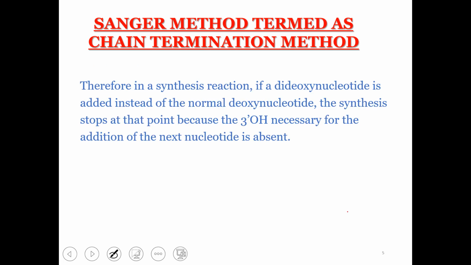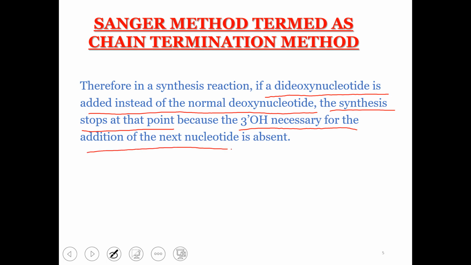In the synthesis reaction, if the dideoxynucleotide is added instead of the normal deoxynucleotide, the synthesis stops at that point because the 3' OH necessary for the addition of the next nucleotide is absent on the dideoxynucleotide. So there won't be the addition of further nucleotides if the ddNTPs are added into the DNA.